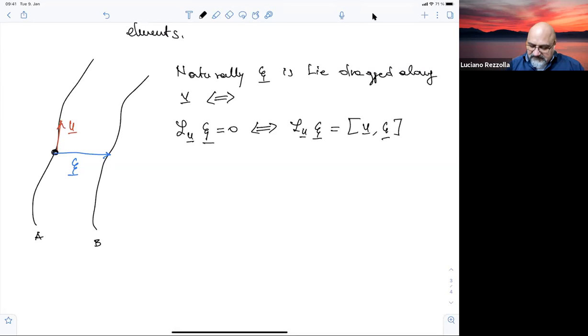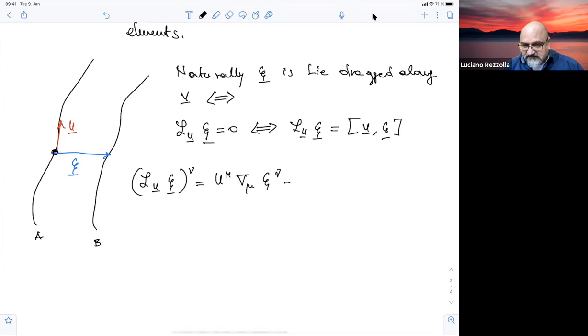If you think about this in terms of components, the nth component of the Lie derivative of psi along U is U^mu nabla_mu psi^nu minus psi^mu nabla_mu U^nu.